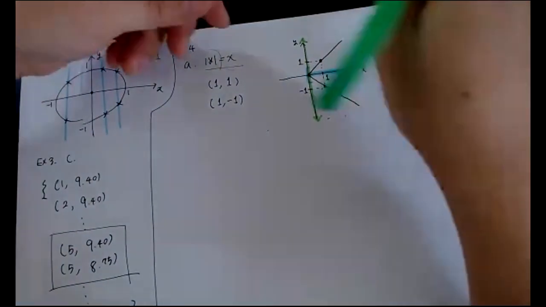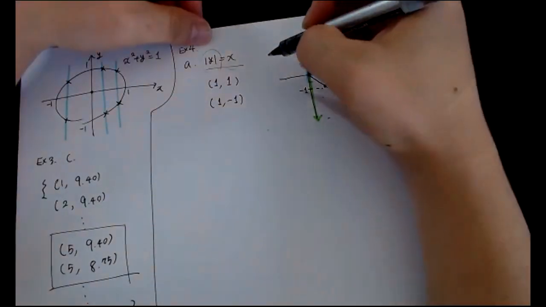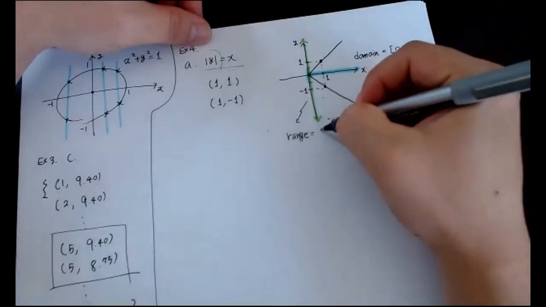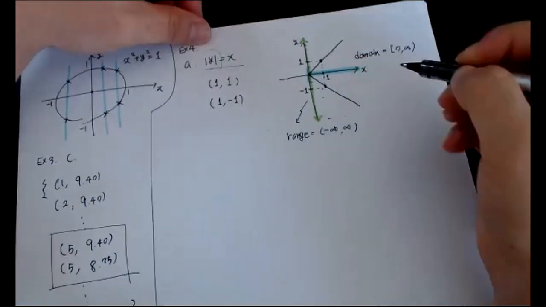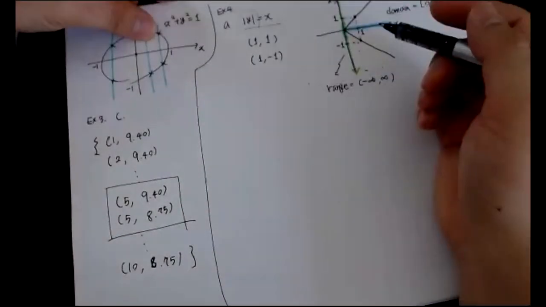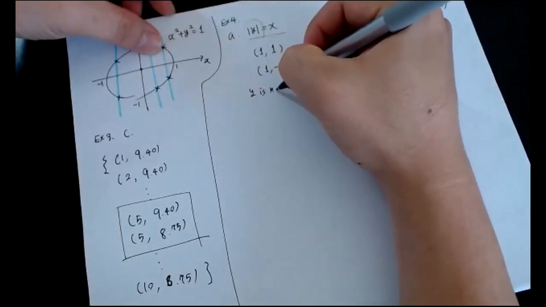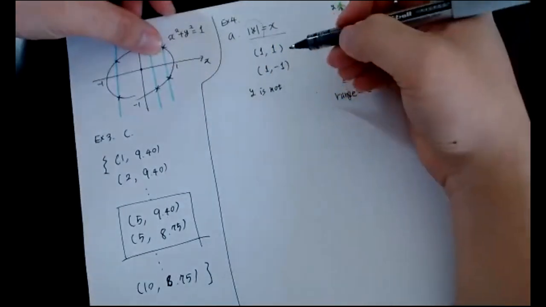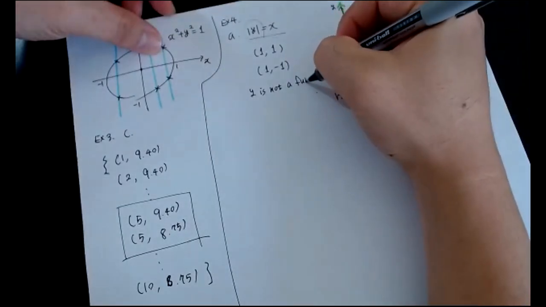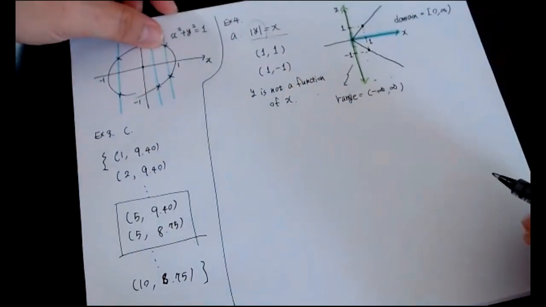So the range is gonna be negative infinity to infinity, which is the set of real numbers. Anyway, this is not a function. In here, y is not a function of x. That's the answer.